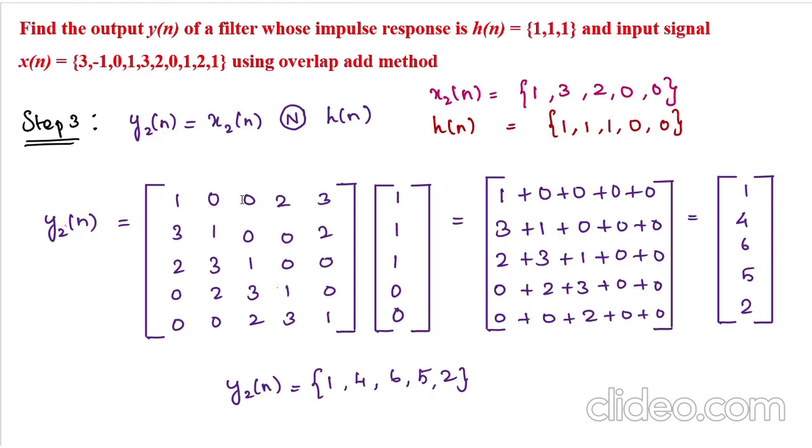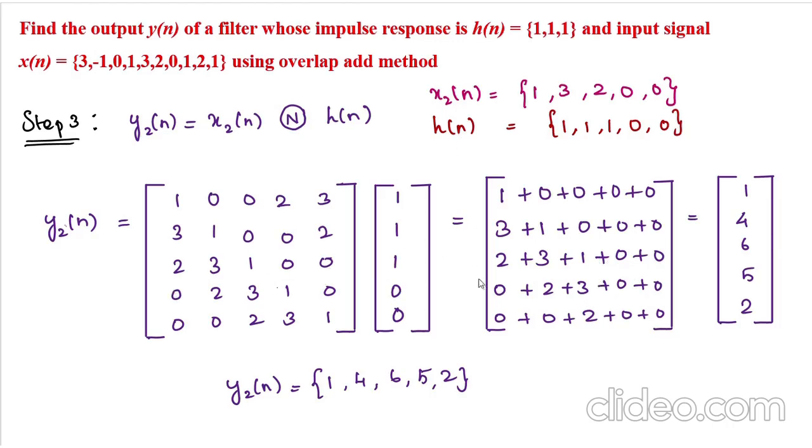1 into 1 is 1, 0 into 1 is 0, 0 into 1 is 0, plus 2 into 0 is 0, 3 into 0 is 0. Coming to the second row, 3 into 1 is 3, 1 into 1 is 1, 0 into 1 is 0, 0 into 0 is 0 again, 2 into 0 is 0. Coming to the third row, 2 ones are 2, plus 3 into 1 is 3, plus 1 into 1 is 1, plus 0 into 0 is 0, plus 0 into 0 is 0.